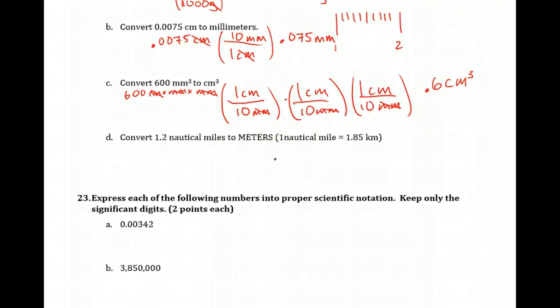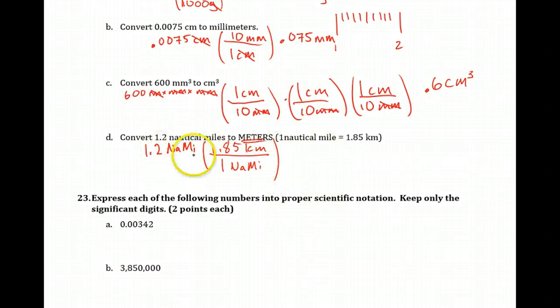Convert 1.2 nautical miles to meters. So we've got 1.2 nautical miles, and we want that in meters. Well, I'm given this conversion factor. It says 1 nautical mile is 1.85 kilometers. So we have 1.85 kilometers over 1 nautical mile.